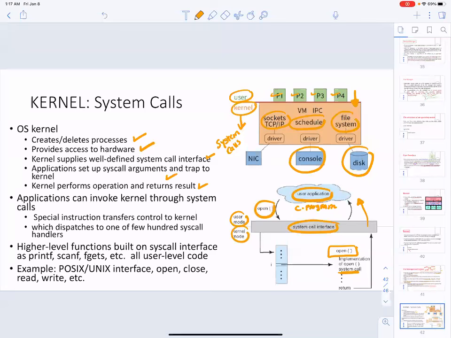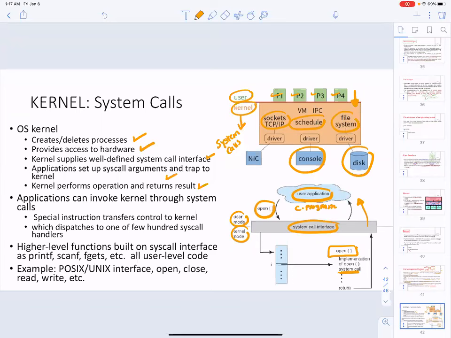It goes through the interface first, and then the kernel translates those user calls or high level functions into system calls that will be transmitted to the hardware for execution. So we need a system call interface that takes what is provided by the user to what will be executed by the operating system.